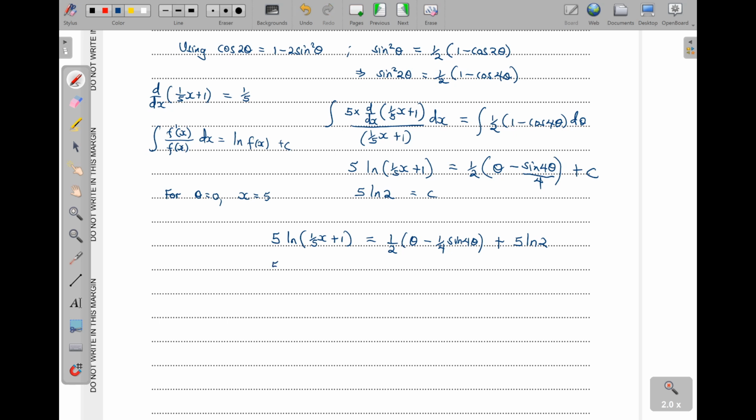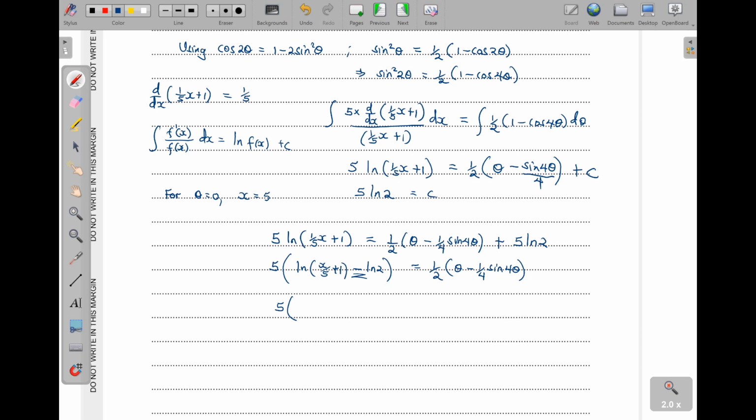So we can have 5, and 5 will be common. So I can factorize it and say this is natural log of x over 5, then plus 1. Then there will be minus natural log of 2. Remember, this one has come this side, and I've factorized out the 5. Then this one will be a half into theta minus 1 over 4 sine of 4 theta. And this will be 5.